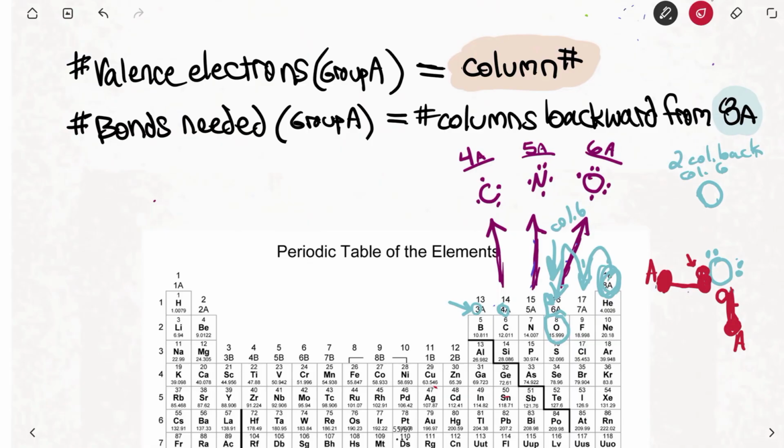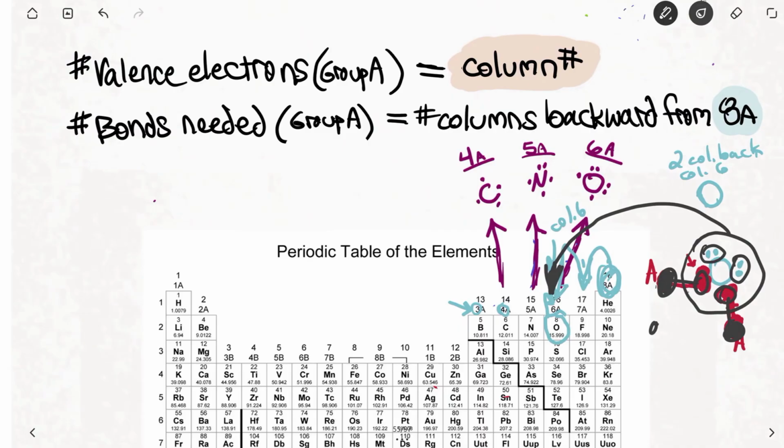So this atom has 1 at this end, and oxygen has 1 on the oxygen end. Since there's a bond there and it's bonded to other electrons, oxygen can count it. So now we have 1, 2, 3, 4, 5, 6, 7, 8. While oxygen itself still only has 6 valence electrons because it's in column 6, with the 2 bonds it can count these 2 extra electrons from other atoms bonded to it as 2 of its valence shell electrons.